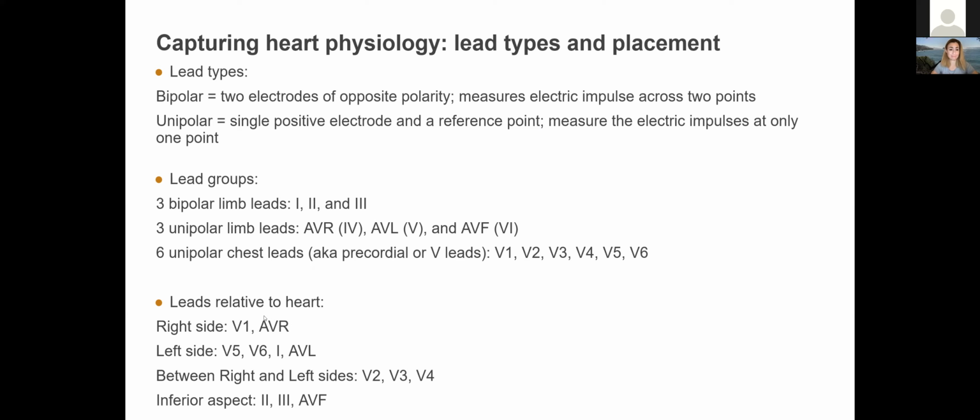Leads relative to the heart on the right side are V1 and AVR. On the left side, you have V5, V6, 1, and AVL, AV standing for atrioventricular. Between the right and left sides are V2, V3, and V4. On the inferior aspect are leads 2, 3, and AVF.